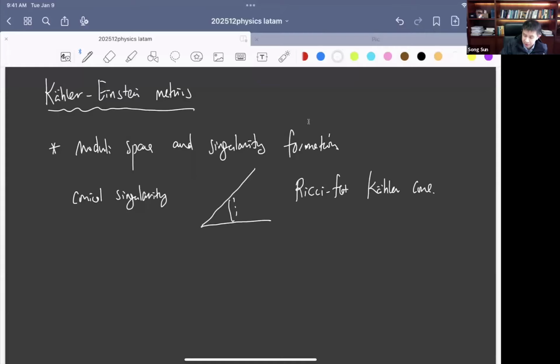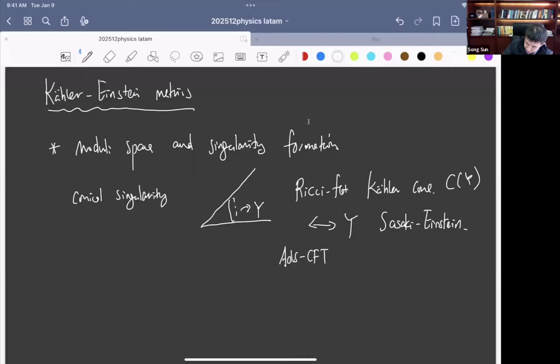So the link, the cross section Y, corresponds to the cone over Y, and this Y is Sasaki-Einstein. And so it's a singularity model for these metrics, and this is very important. And it has an interesting role in physics. It appears in AdS/CFT.